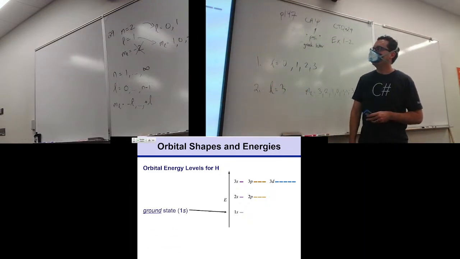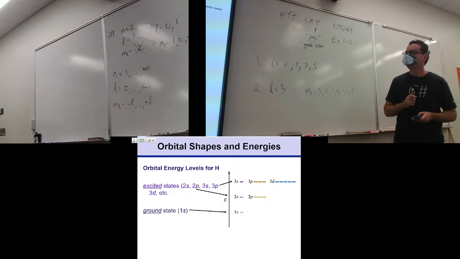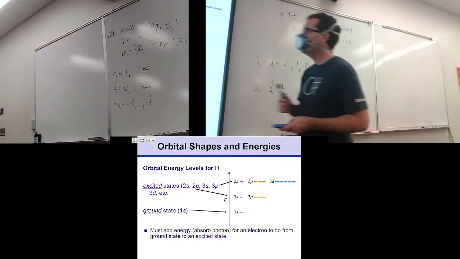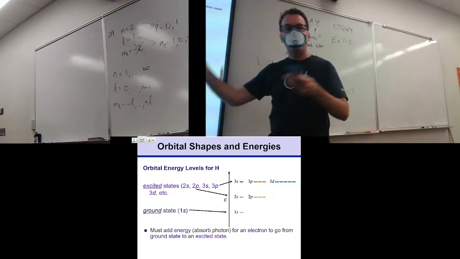There's our ground state, those are our excited states. That's what we see for hydrogen, with one electron. And when you do your normal excitation, if your electron's here, you can add energy to get it to go up here, or any other energy level, and then it'll drop back down and release photons. We know all that.